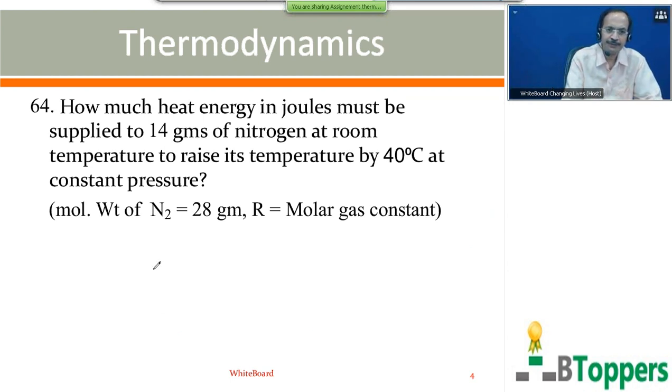You are given the molar mass of nitrogen as 28 gram per mole, and R is the molar gas constant. You are given the options in terms of molar gas constant. The heat energy absorbed by the gas at constant pressure is given by nu Cp delta T, where Cp is the molar specific heat of the gas at constant pressure.